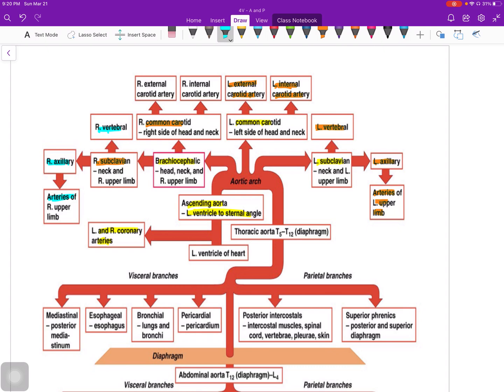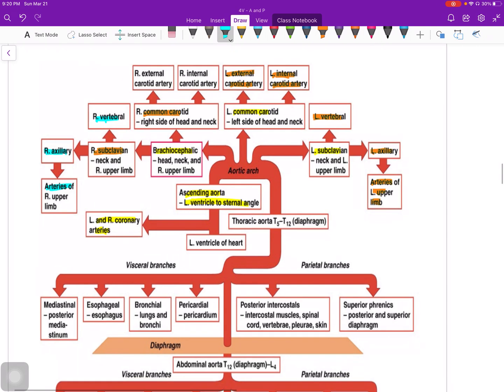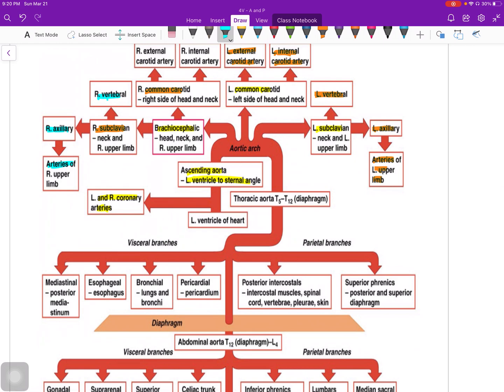All right. Now, after the aortic arch, I get the thoracic or descending aorta. You can see how it goes through. Now, visceral branches, where it goes to organs, I have the esophageal. We're not going to do mediastinal, but esophageal, bronchial, and then I've got the pericardial, obviously. Then I've got the intercostals and the phrenics.